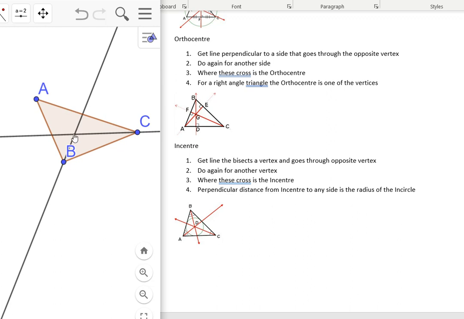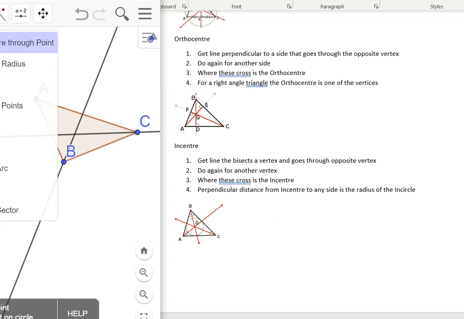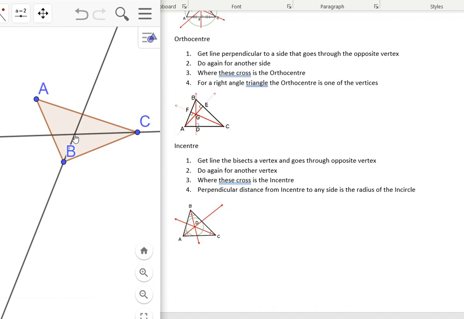This is where our two angle bisector lines cross each other, and that is going to give us the center of what's called the incircle. So that's its center, and then we go out, and where it touches our triangle, that is our incircle.